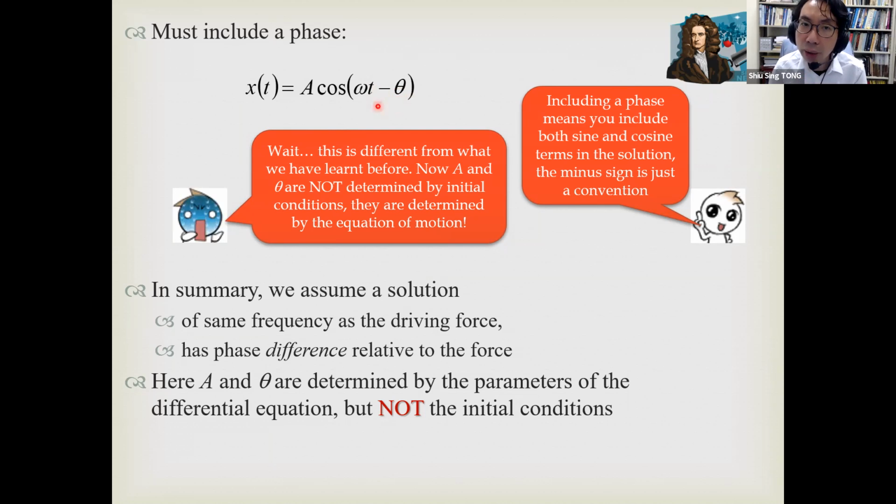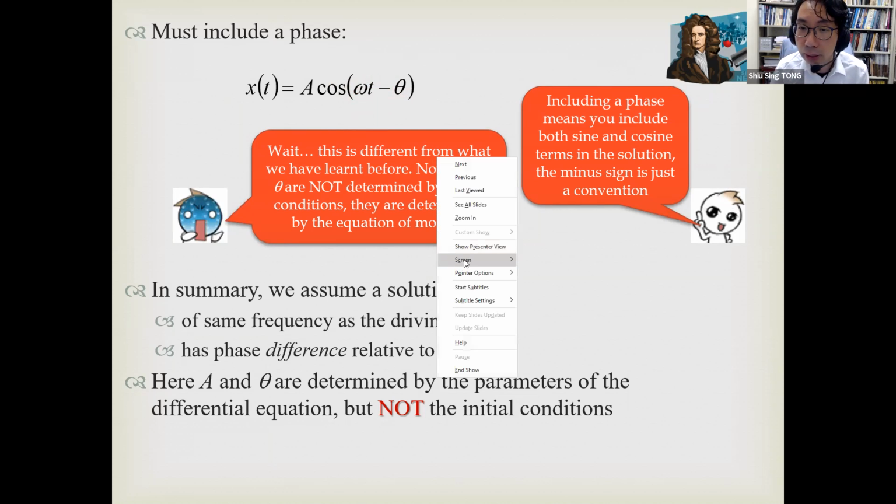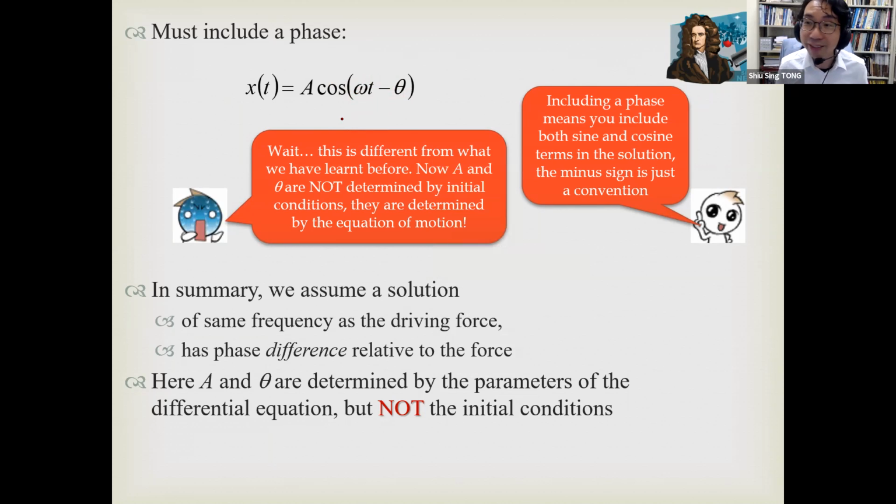Now, why do we expect that adding the phase will solve the equation? The answer is simple. If you remember what we have discussed about matching the initial condition, we have already shown you that adding a phase like this will be equivalent to saying that the solution can be written in this form.